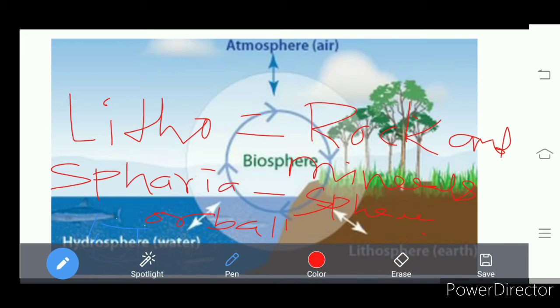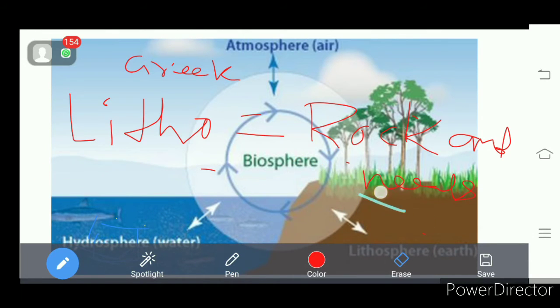So lithosphaira, which is a Greek word, its meaning in English is lithosphere. That means it is a layer covered on the earth with rocks and minerals.